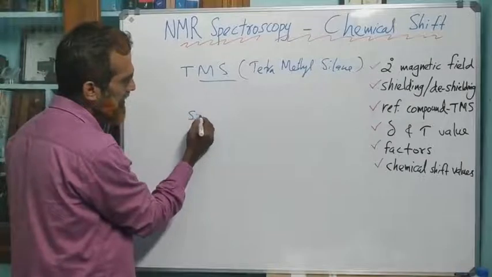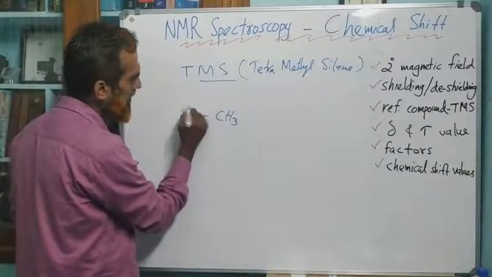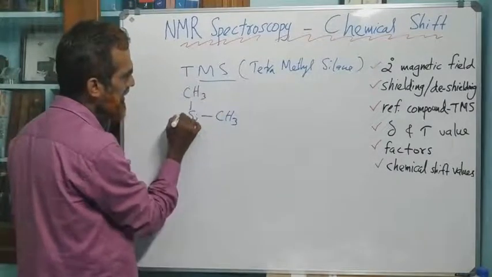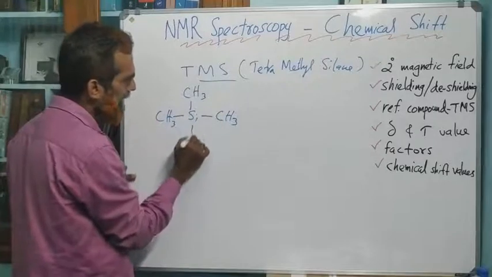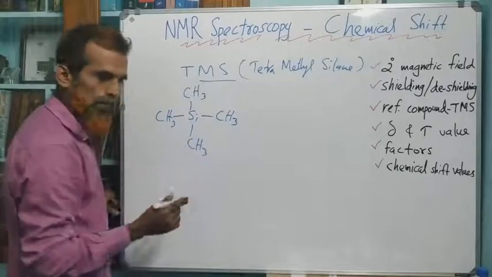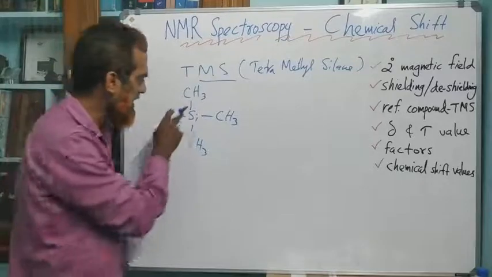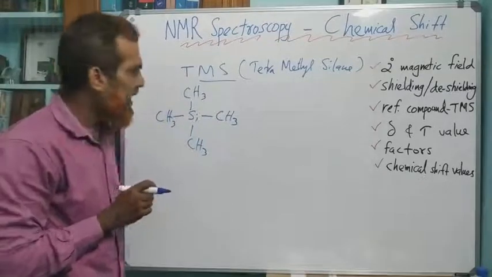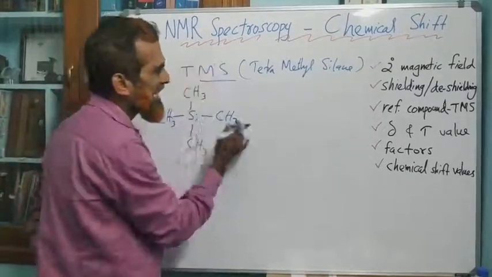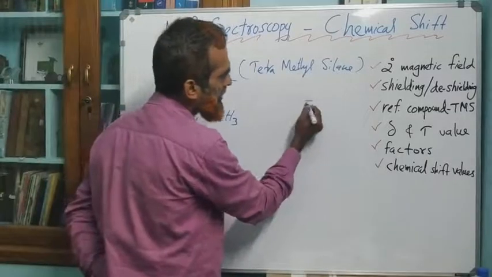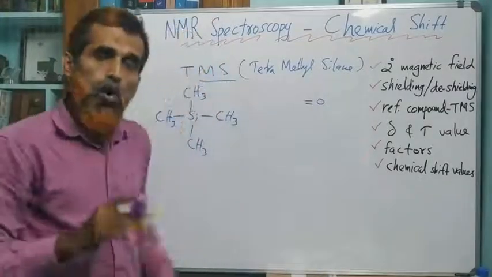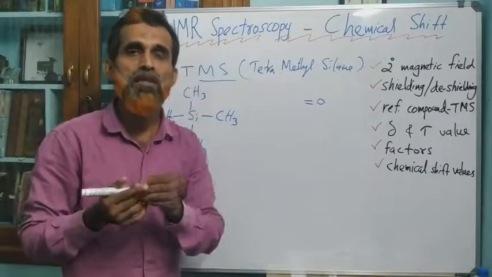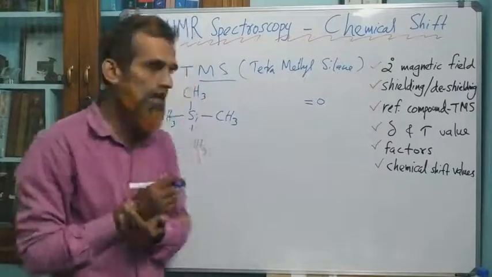The structure is simple. It's a tetrahedral molecule, tetramethylsilane, four methyl groups, silicon at the center. Now the chemical shift of this TMS is arbitrarily fixed as 0, and all other protons in organic molecules are compared to this.